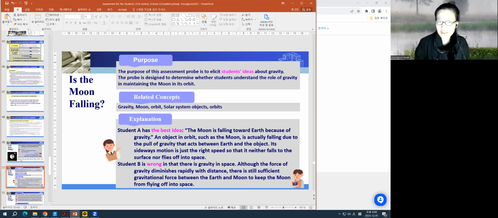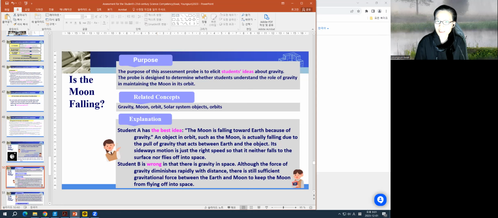Why are you assessing this? Why are you developing this kind of item? The purpose is you want to elicit or diagnose your students' prior conceptions, your students' ideas and thinking. And then, what is the related science concept?